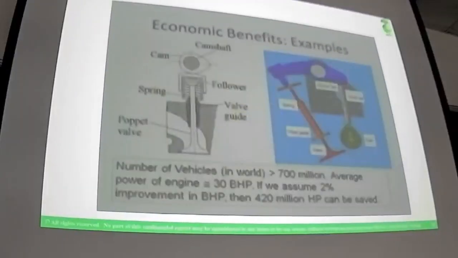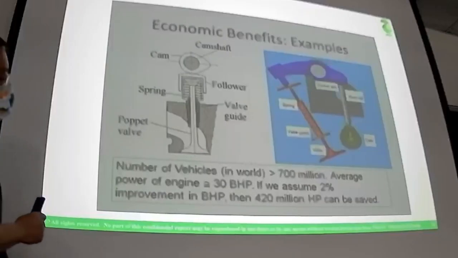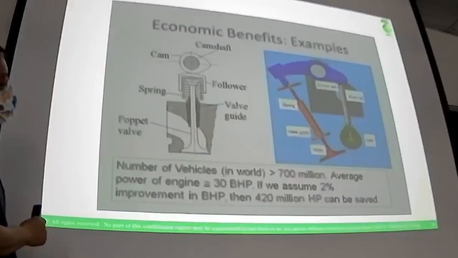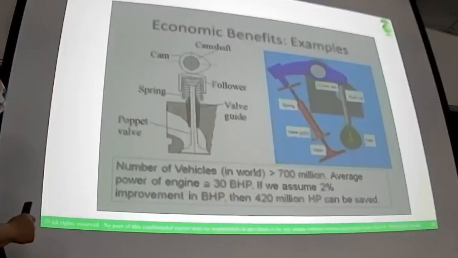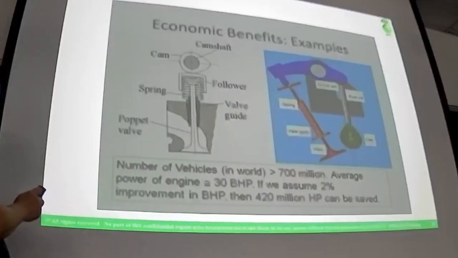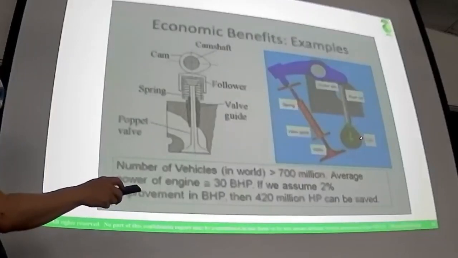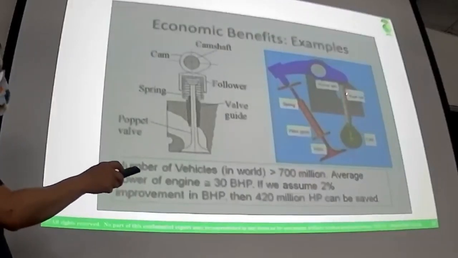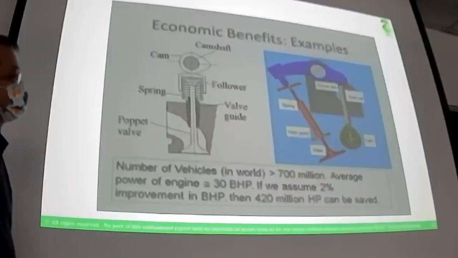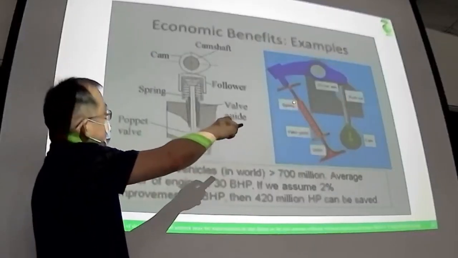So the next one is the valve system. This is the exhaust valve for the engine. It's a cam follower system. So this is a cam system, this is a follower, and this is a release valve here.